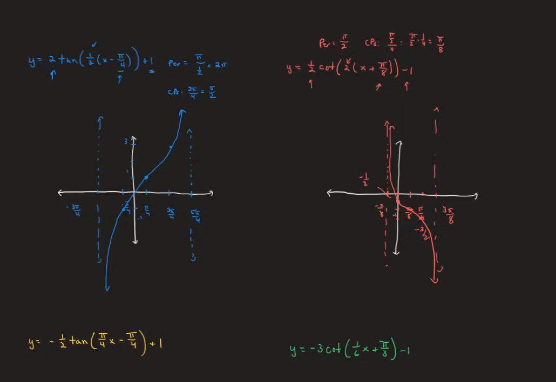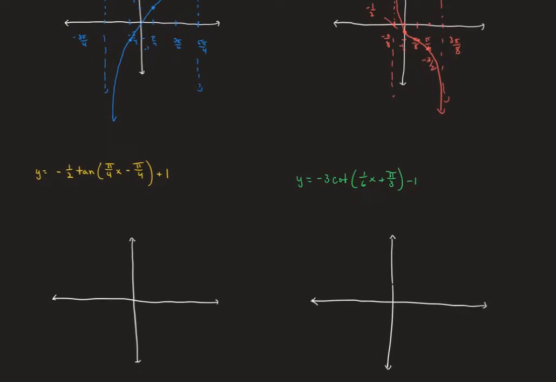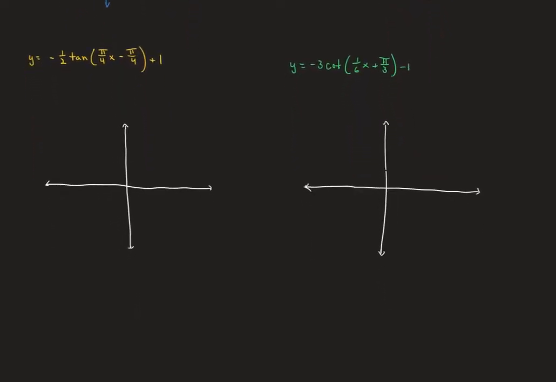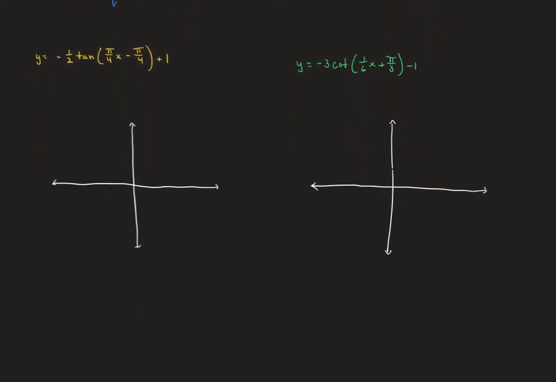Okay, let's try another one, or another couple. Now these have not been factored, so we're going to start by factoring. So when we pull out that pi over 4, we're going to have x minus 1. So our period is going to be pi divided by the pi over 4, which is going to be 4.